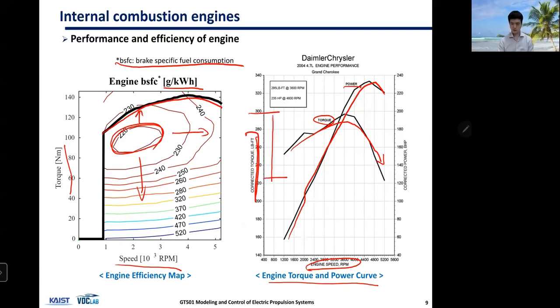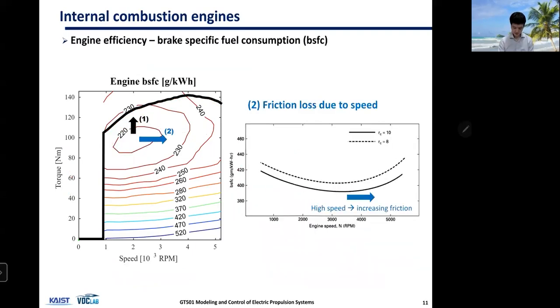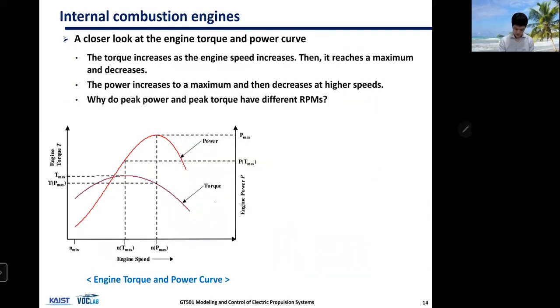This is not 0 or 50. This is zoomed in, so this is relatively flat. Okay. So the torque is relatively flat, so power will be linearly increasing, but then beyond some point, the torque will drop, and that leads to the power dropping as well, even with increased speed.